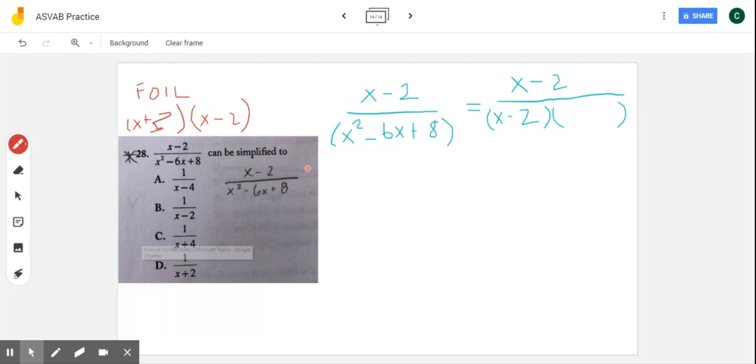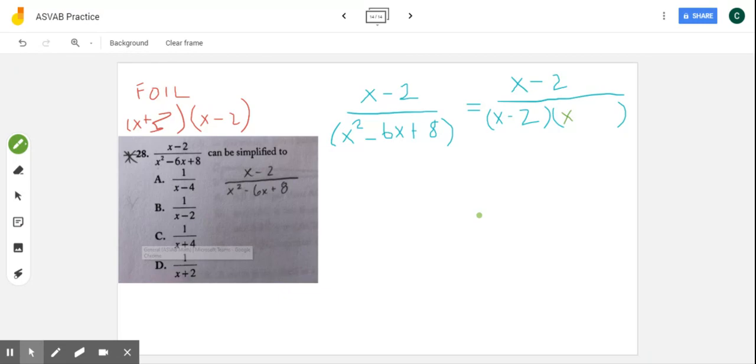Then we would get an expression that looks something like this polynomial right here. First, x times x is x squared, which also brings me over here. We need these two binomials to multiply back together to be x squared minus 6x plus 8. So I know that that is going to be an x.